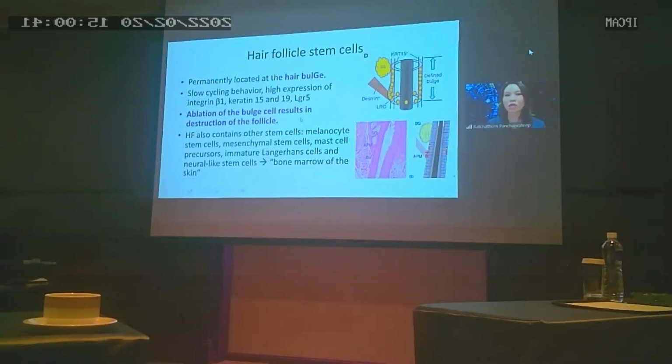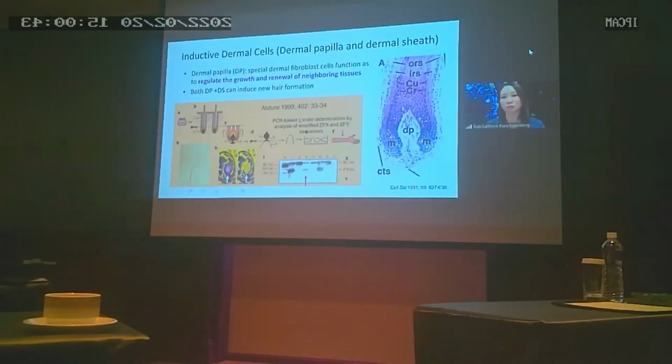The second important thing is the inductive dermal cells, which we call the dermal papilla and dermal sheath. I have heard the last speaker mention the dermal papilla. This study was done in 1999 and published in Nature, and it was the first important study showing that dermal papilla and dermal sheath tissue can induce hair formation.